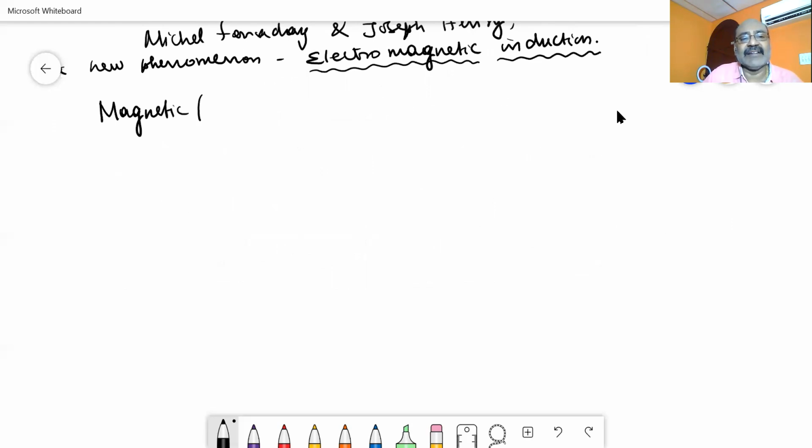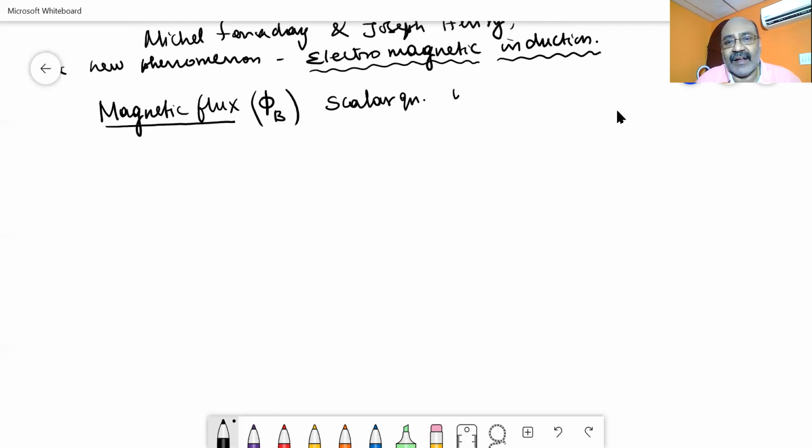In your first lesson, you might have studied about electrical flux represented as phi of E. Here, it's magnetic flux represented by phi of B. Here also, magnetic flux is a scalar quantity, and it is measured in terms of an SI unit generally given as Weber, written with the symbol Wb, or otherwise called Tesla meter square, represented by T m square.